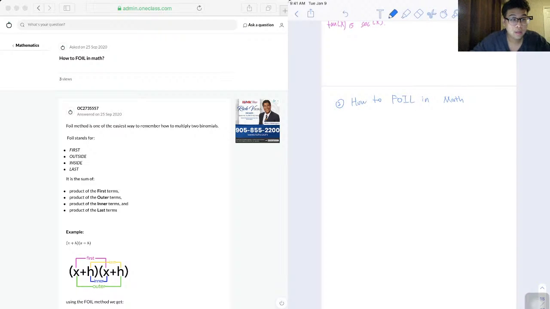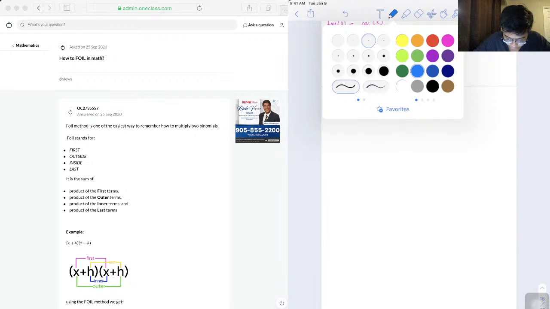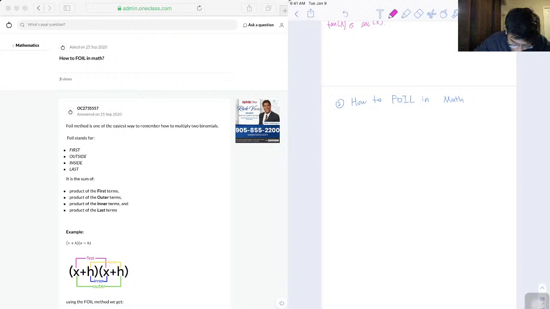So the FOIL method is one of the easiest ways to remember how to multiply two binomials. Let's separate FOIL. F stands for first, O stands for outside, I stands for inside, L stands for last.